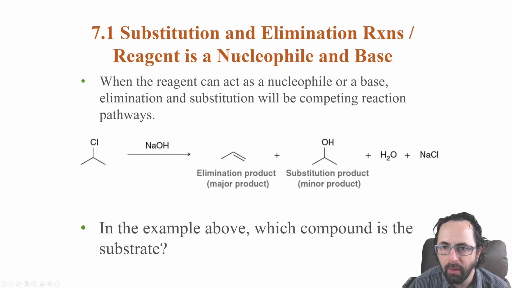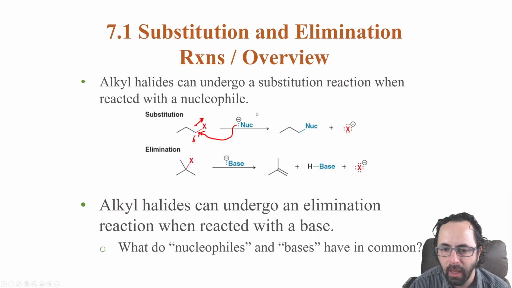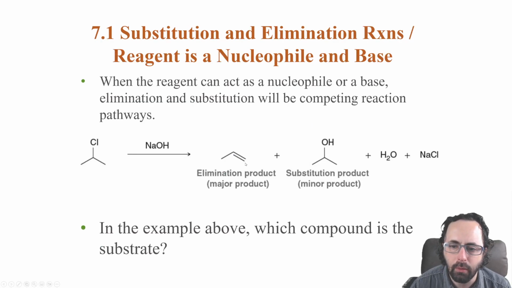So when we have a substitution or an elimination reaction, we can see in a substitution reaction, in an alkyl halide, a halogen atom is replaced with a nucleophile here. In an elimination, the base removes a proton and the halide leaves as an ion, and we end up with a pi bond. And so often these are competing reactions.